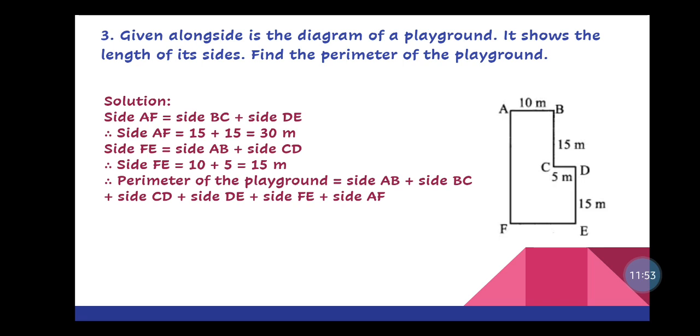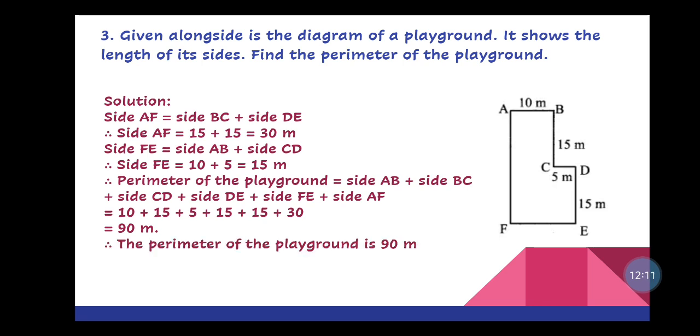So we get 10 plus 15 plus 5 plus 15 plus 15 plus 10. We have substituted the values of all the sides. Adding all this we get 90 meter. So the perimeter of the playground is 90 meter.